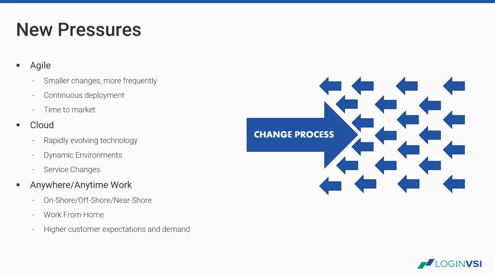That's more change. Continuous deployment, right? If we want to be able to support continuous deployment, we have to automate those changes. We have to move them towards standard changes, and we have to minimize the effect through ring deployments and what have you. And then finally, we're developing code, we're making these changes.